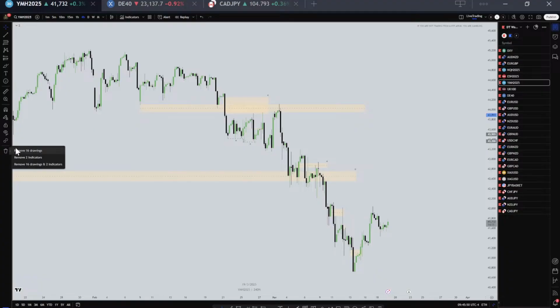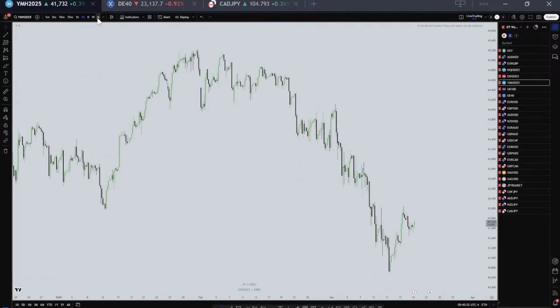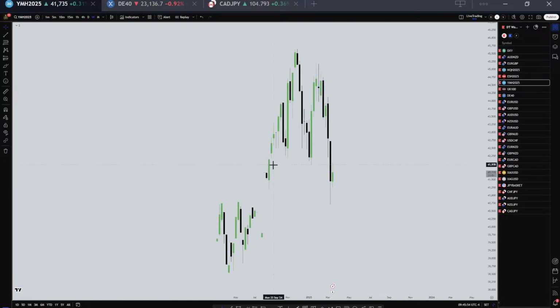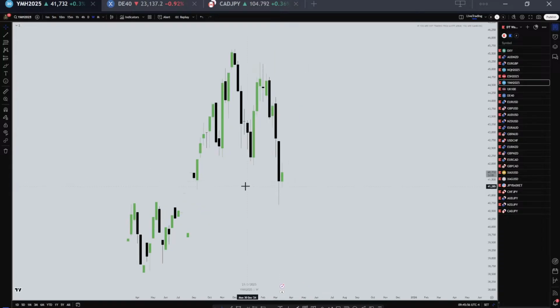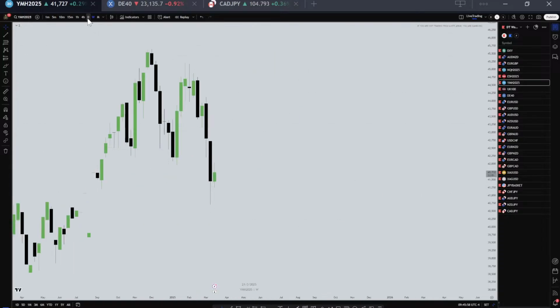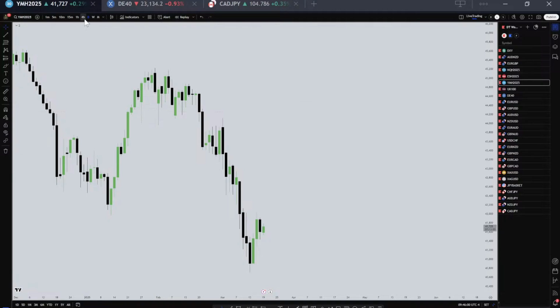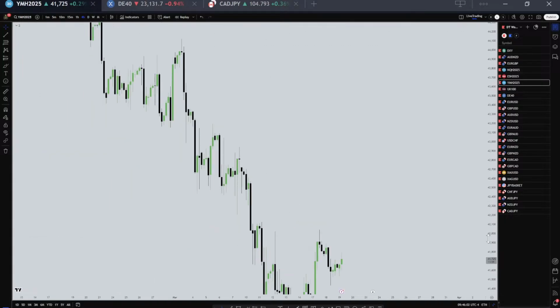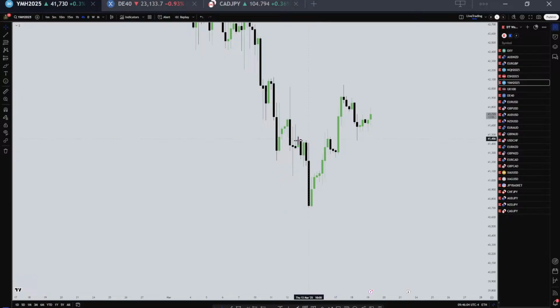Yeah, so let's do the analysis on YM. It's my favorite of the three indices. Obviously, big sell-off. We started to create some buy structure here on the 4 hour, which I like. Aggressive buys, aggressive sells. I feel like I've won here with the order block as well.